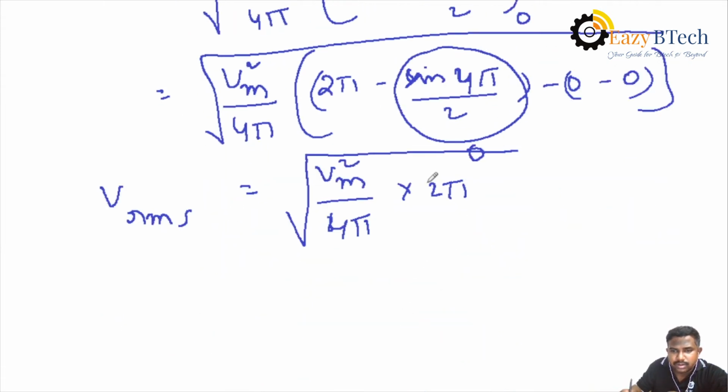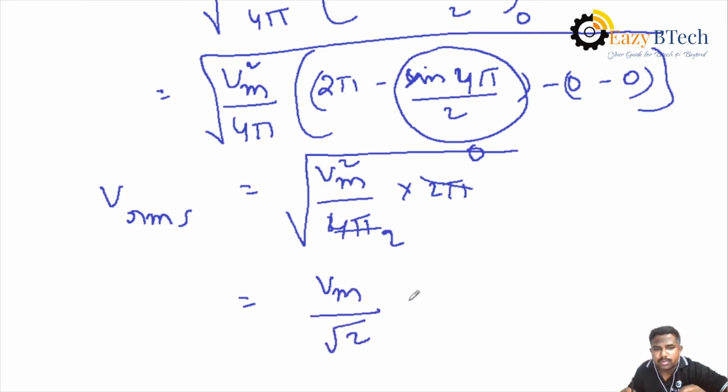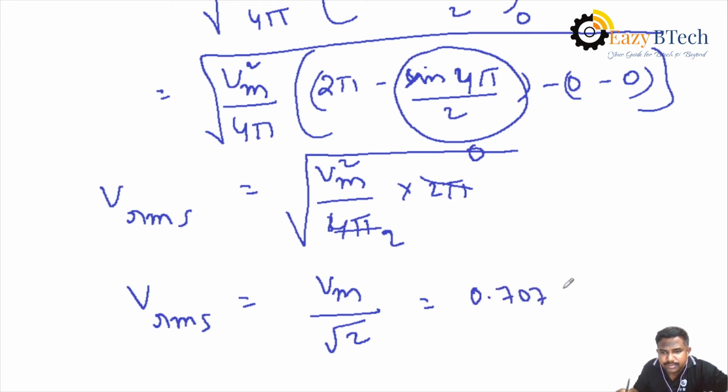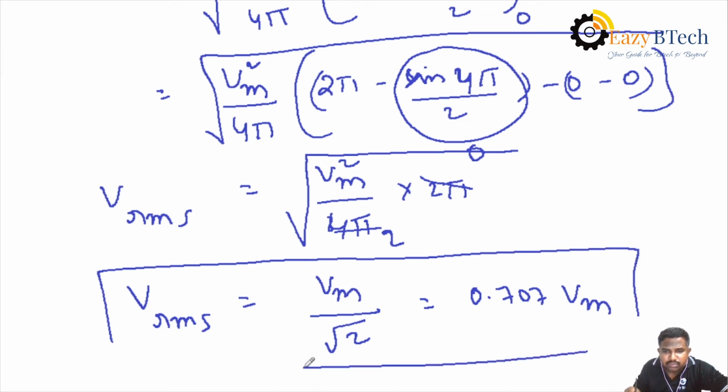Then 2 times is cancellation. Then square root of Vm square is Vm by root 2. That is the formula for the VRMS value of the sinusoidal waveform, that is Vm by root 2. We know the value of 1 by root 2 is 0.707 into Vm. This is the RMS value of the sinusoidal waveform.